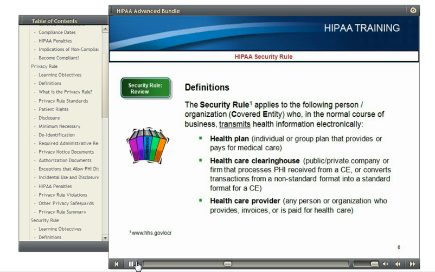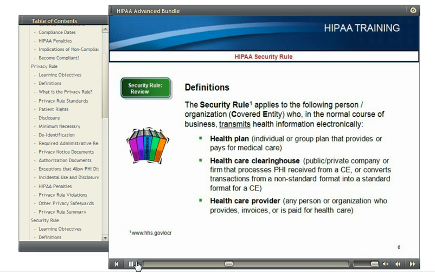The security rule applies to the following person or organization, covered entity, who, in the normal course of business, transmits health information electronically. Health plan, individual or group plan that provides or pays for medical care. Healthcare clearinghouse, public or private company or firm that processes PHI received from a CE or converts transactions from a non-standard format into a standard format for a CE.